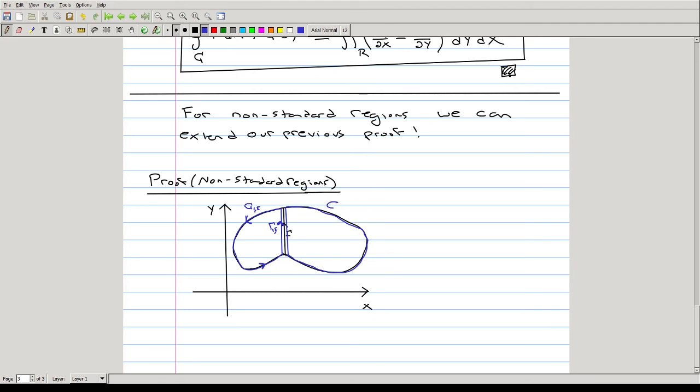So this is going to be called C2 epsilon, and this straight line portion right here is gamma 2 epsilon.